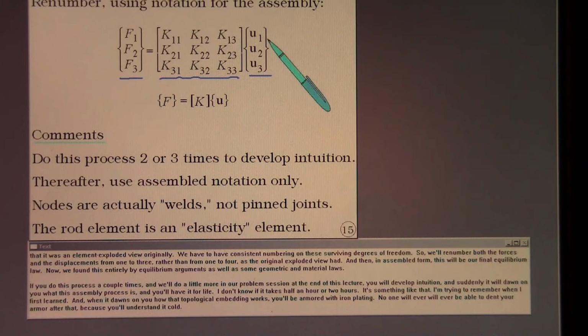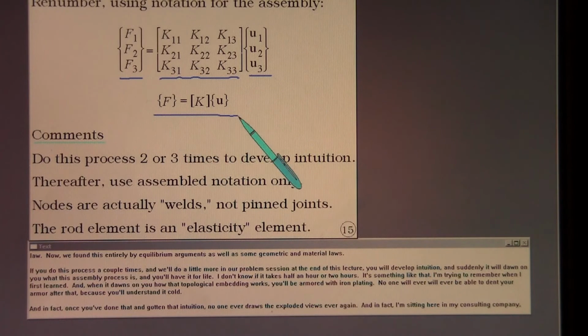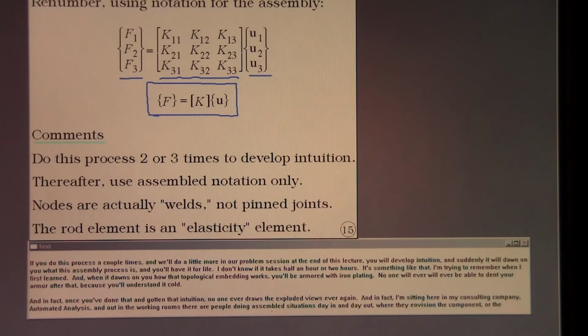We have to have consistent numbering on these surviving degrees of freedom, so we'll renumber both the forces and the displacements from 1 to 3 rather than 1 to 4 as the original exploded view had. And then in symbol form, this will be our final equilibrium law. Now we found this entirely by equilibrium arguments as well as some geometric and material laws.